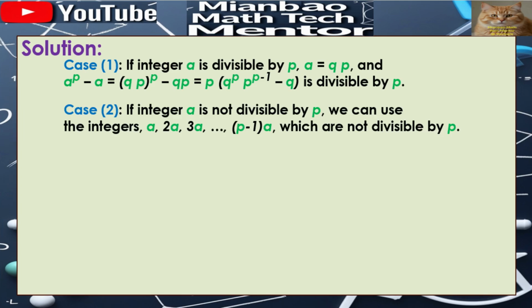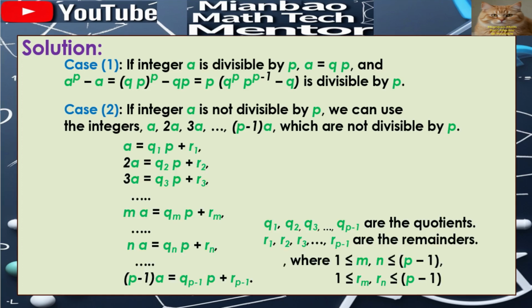Case 2, if integer a is not divisible by p, we can use the integers a, 2a, 3a, and so on, up to (p minus 1) times a, which are not divisible by p. Then, a equals q1 times p, plus r1. 2a equals q2 times p, plus r2. 3a equals q3 times p, plus r3.